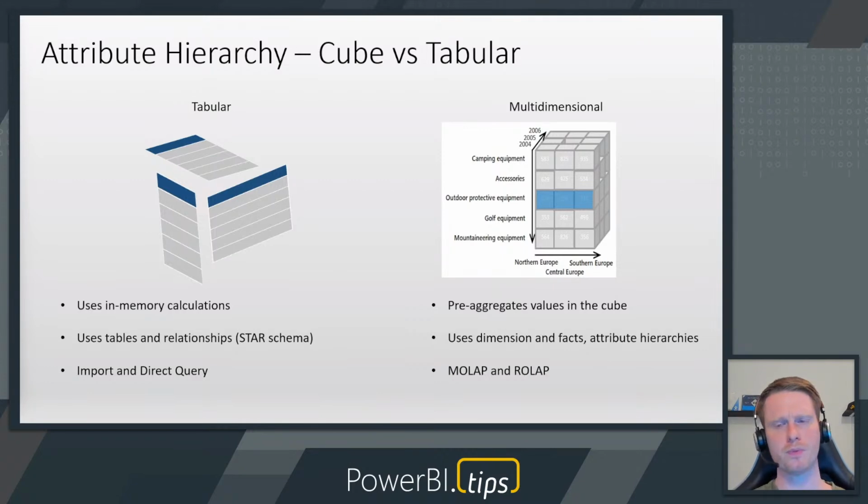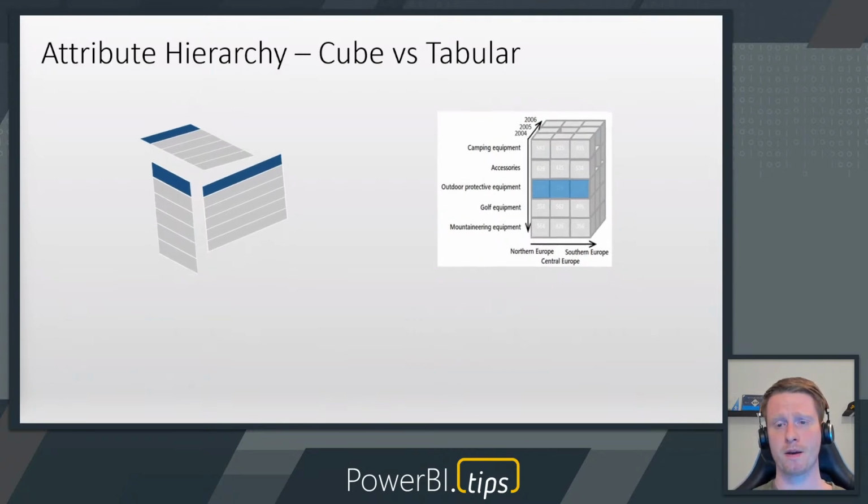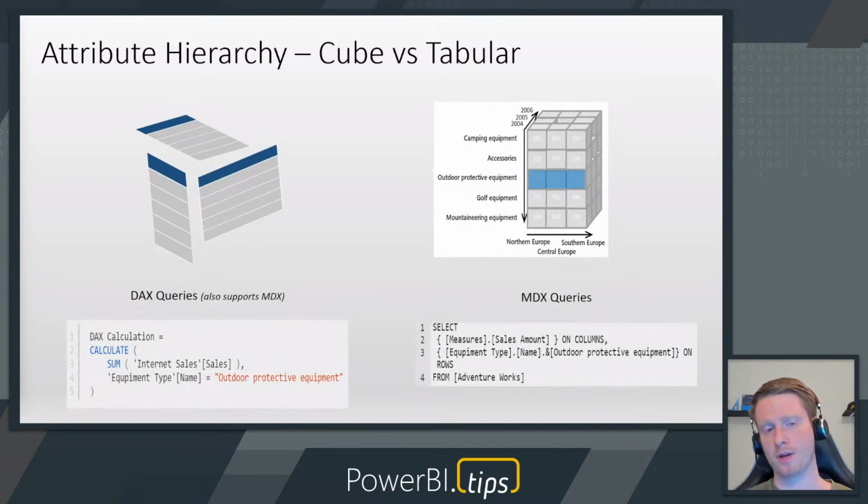So why does this matter? We communicate with them in different languages. So we use DAX queries on tabular models. And hopefully we have seen some DAX before. This is calculate our sums and our filters, stuff like that. But this is a new language for tabular.